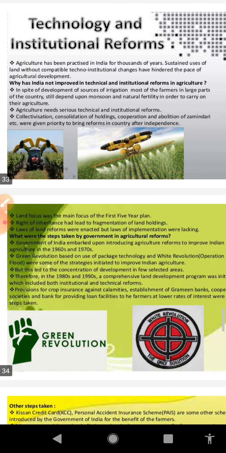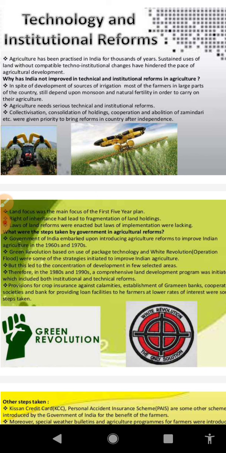With regard to the consolidation of land holdings, all of you know that due to the law of inheritance in our country, most of the pieces of arable land, or you can say the land holdings, were fragmented.